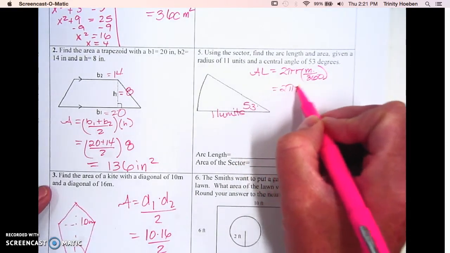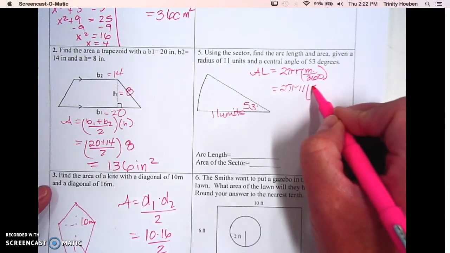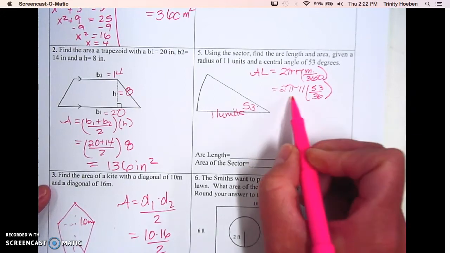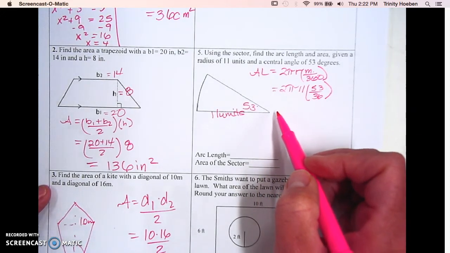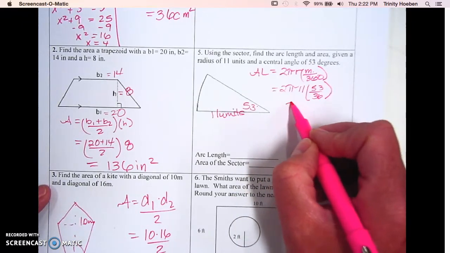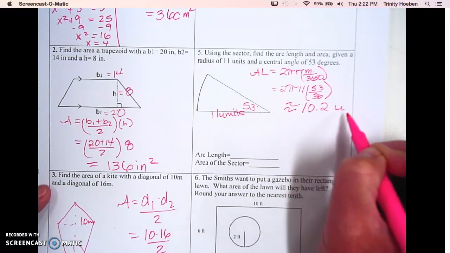So I'm going to have 2 pi times 11 times 53 over 360. Type everything into my calculator, and this one wants it, I'm going to give it to you as a decimal, so roughly 10.2 units.